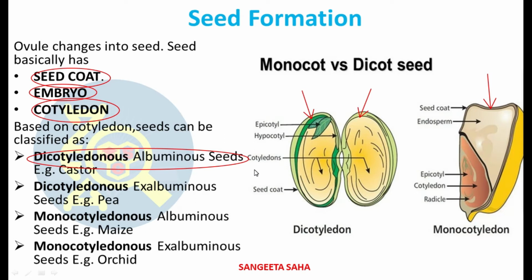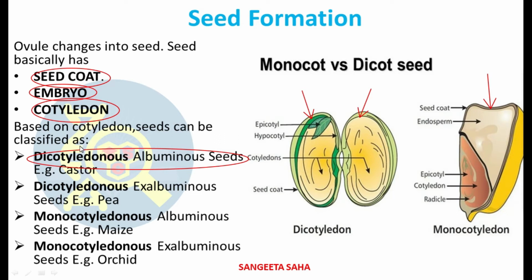This endosperm that is formed is the initial nourishment for the embryo, and after that nourishment it is either stored as cotyledon or a little endosperm will still remain, so that when the embryo gives rise to a baby plant, when the roots are formed, this little bit of nourishment can initially be supplied to it.